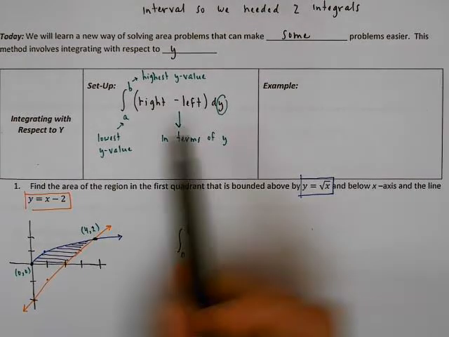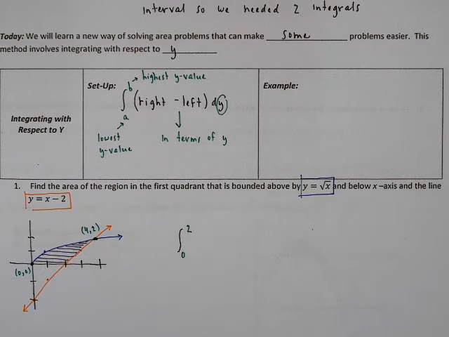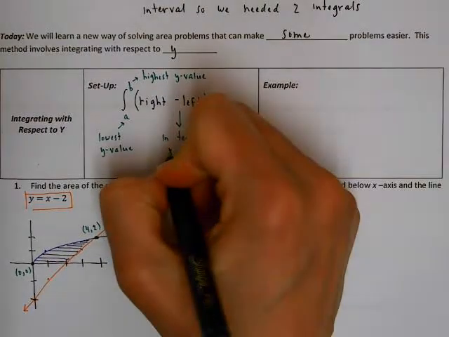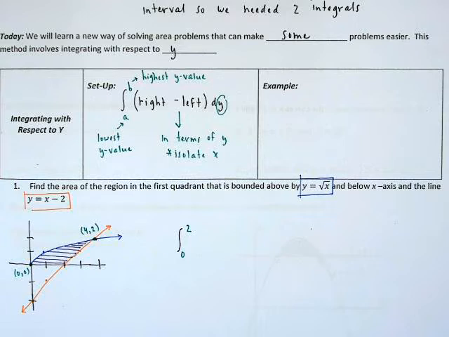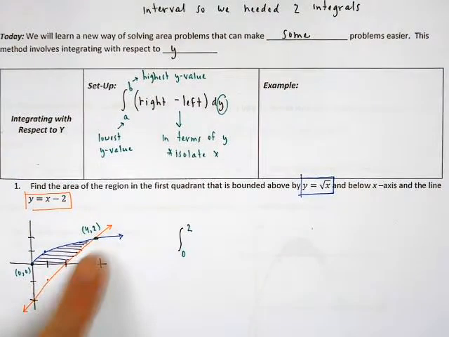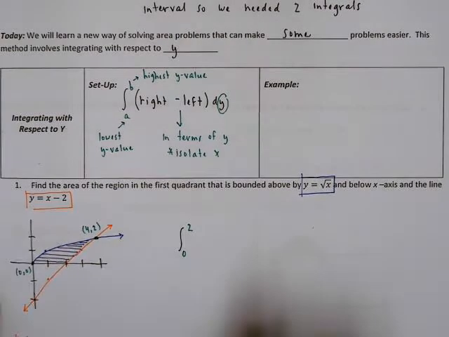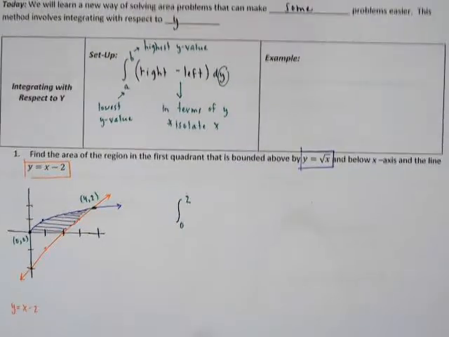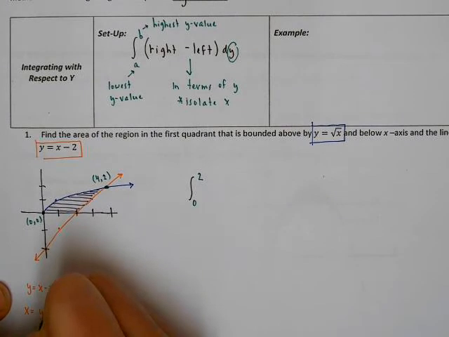Now, we said when we integrate our functions here, they're going to need to be in terms of y, which means I need to isolate x. So we said our right is our orange curve here, y equals x minus 2. Since I need this to be in terms of y, I'm going to isolate x by adding 2 to each side. So I get x equals y plus 2.